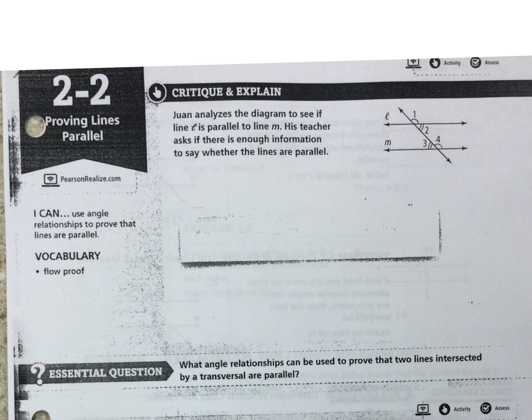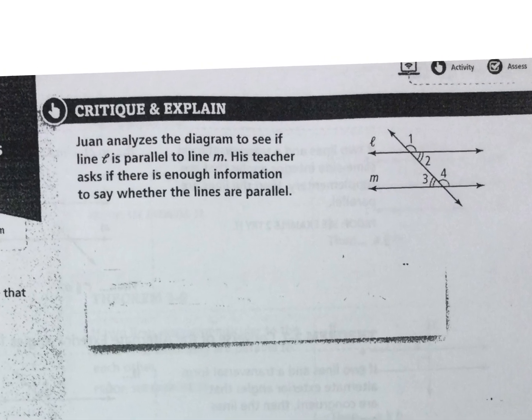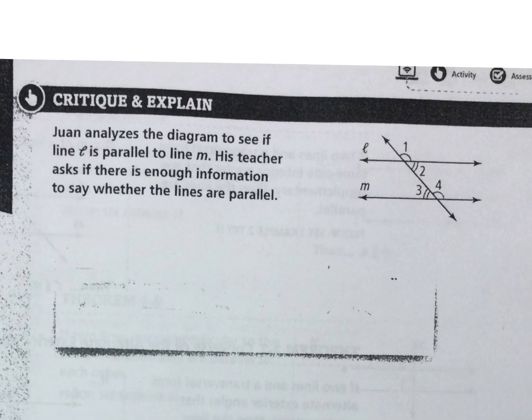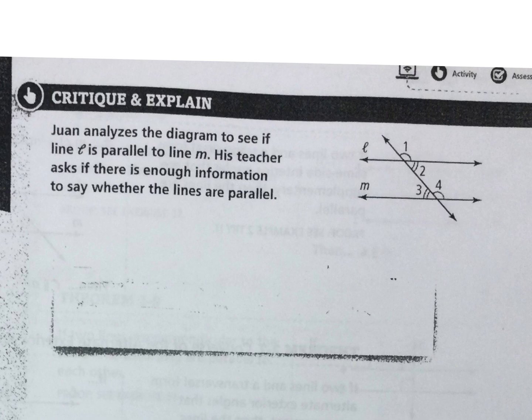So if we look at this problem here, it says Juan looks at this to see if line L is parallel to line M. Is there enough information to say that the lines are parallel? Well, I know that angle 1 is congruent to angle 4. Those would be corresponding angles, right?